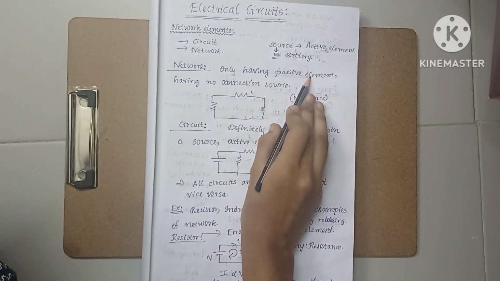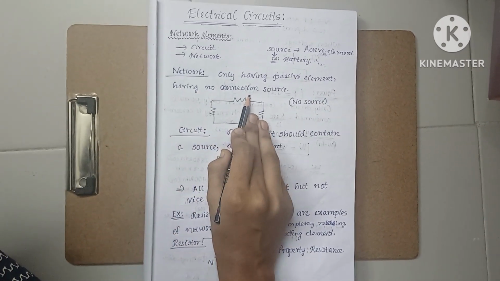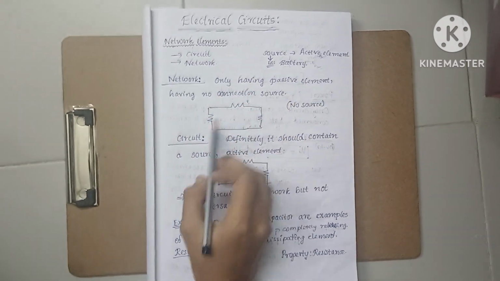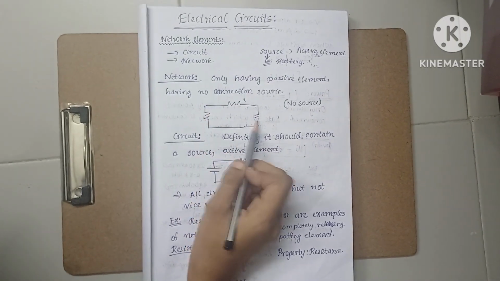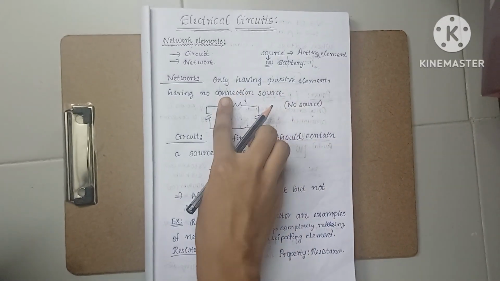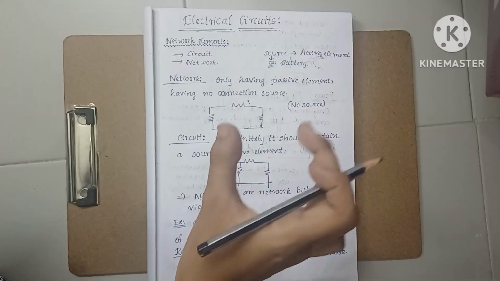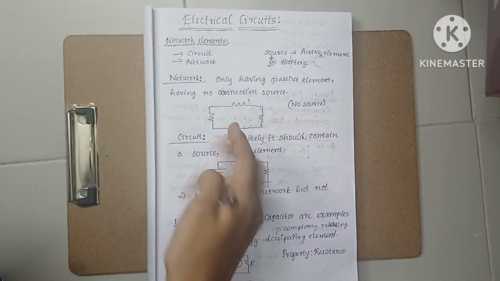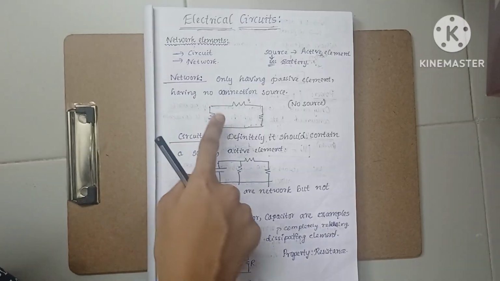Only having passive elements, that is, having no connection source, is said to be a network. If you see this network, here you have only resistors involved, and you don't have any connection source, like an active element, which is nothing but a battery. In this network we don't have any batteries.